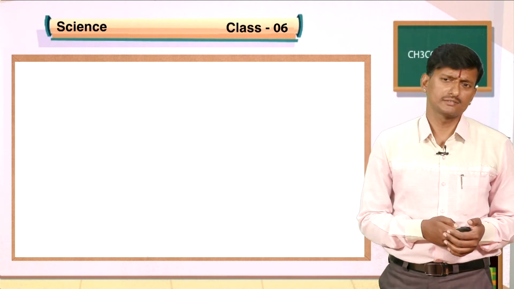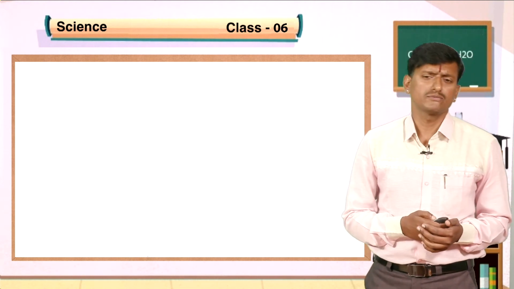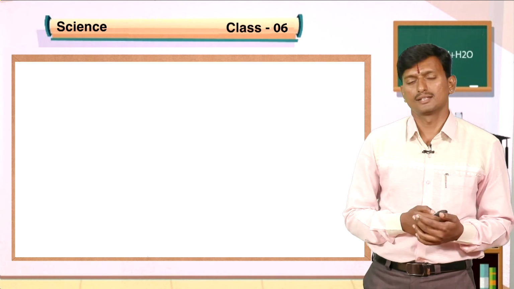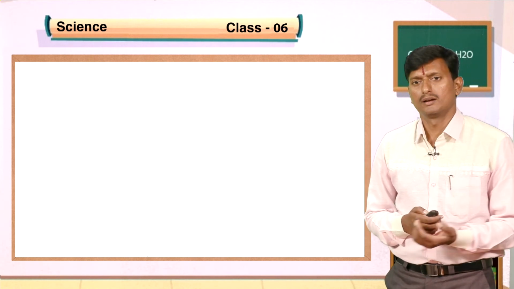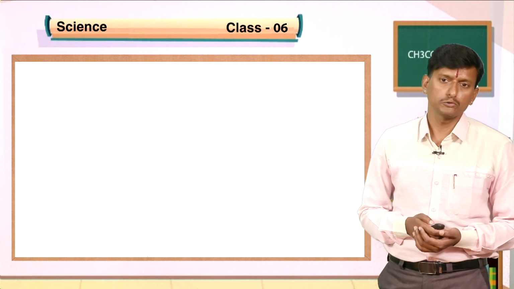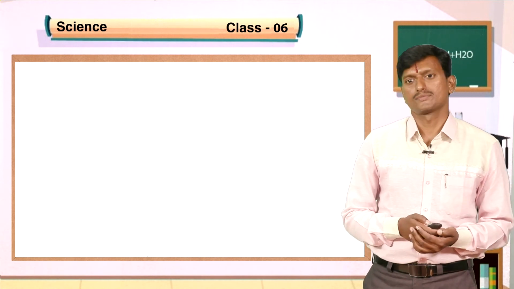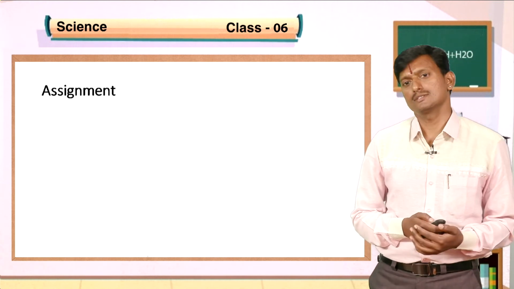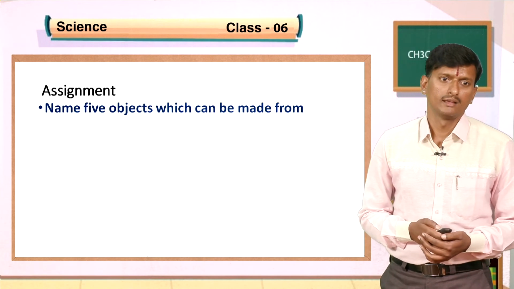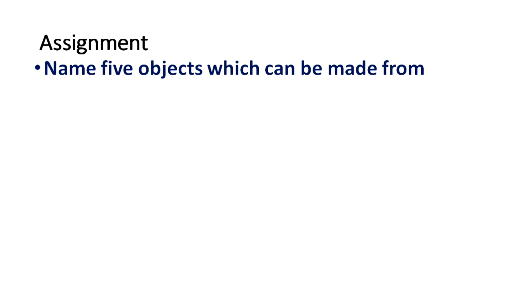Dear students, till now we learned a lot of points in the lesson. Now, I am going to give an assignment for you. Write the answers for the given questions and show it to your teacher. Number 1, name 5 objects which can be made from wood and plastic.